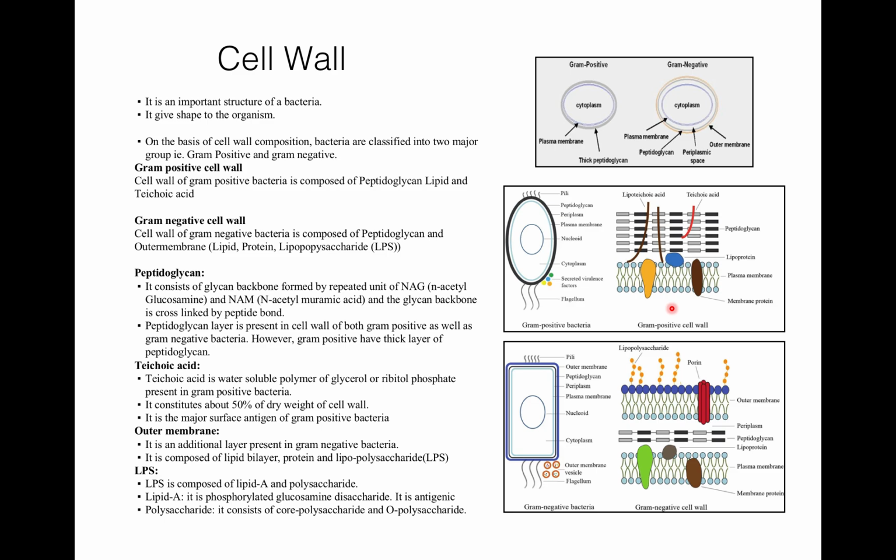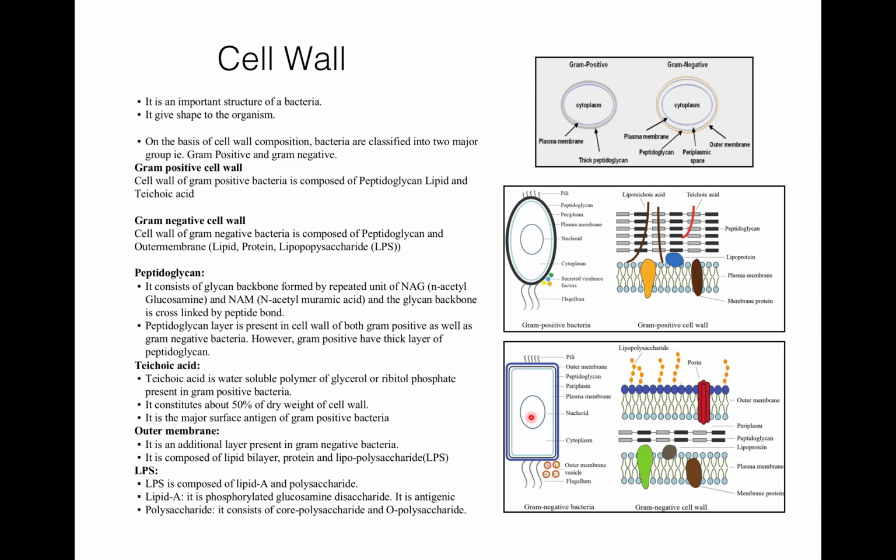It gives shape to the bacteria and it is present between capsule and cell membrane. So, first of all, on the basis of cell wall composition, bacteria can be grouped into two, that is gram-positive bacteria and gram-negative bacteria. Here you can see gram-positive bacteria and gram-negative bacteria.